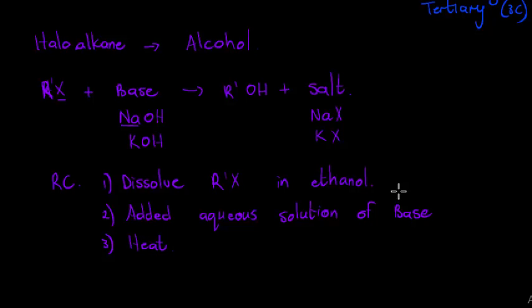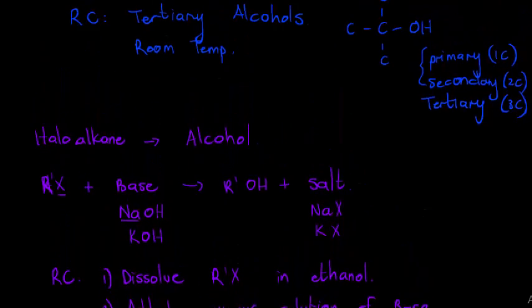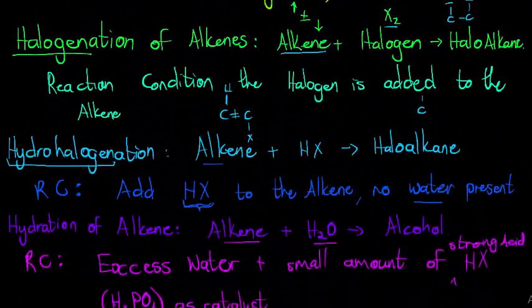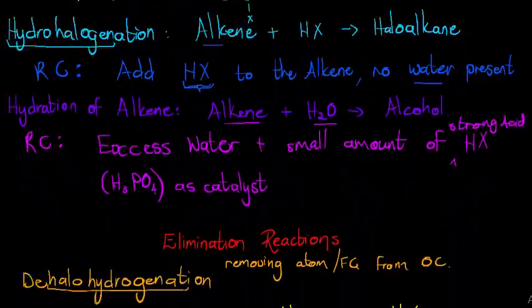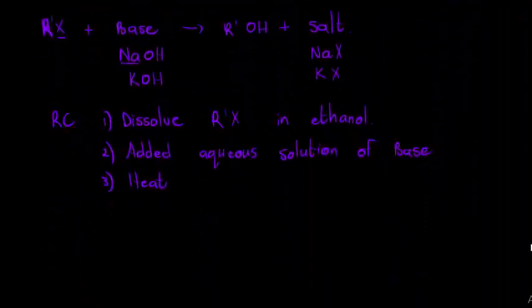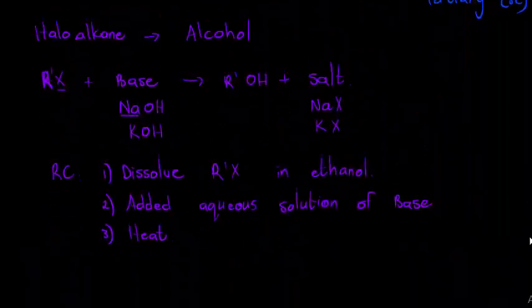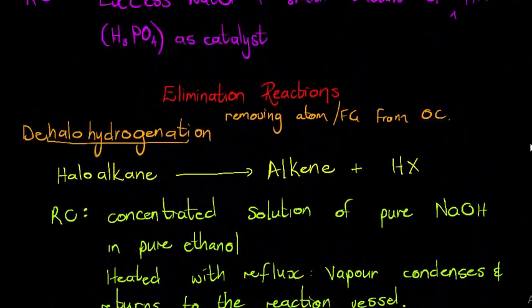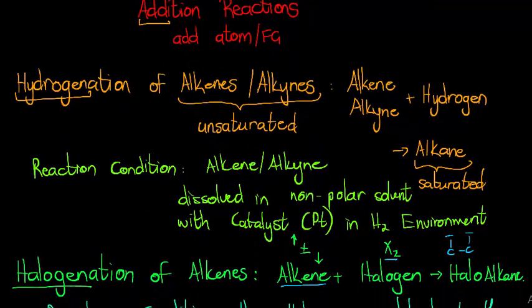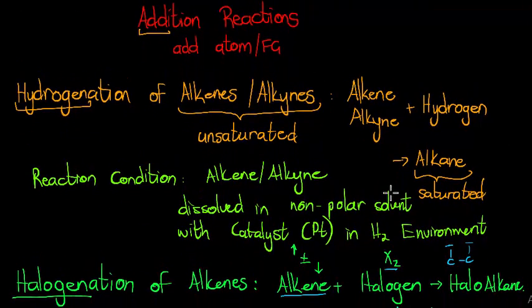Okay, so these are actually all of the reactions we looked at. We've got 3 types of reactions: addition reactions, elimination reactions, substitution, and then there was one last one that we haven't looked at yet, and that is called synthesis. And there's only one reaction that we used in synthesis.